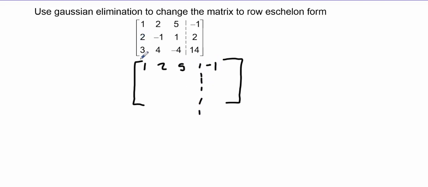I need zeros down here. In order to do that, I'm going to multiply negative 2 times row 1, add that to row 2, and replace row 2, and negative 3 times row 1 plus row 3, and replace row 3.